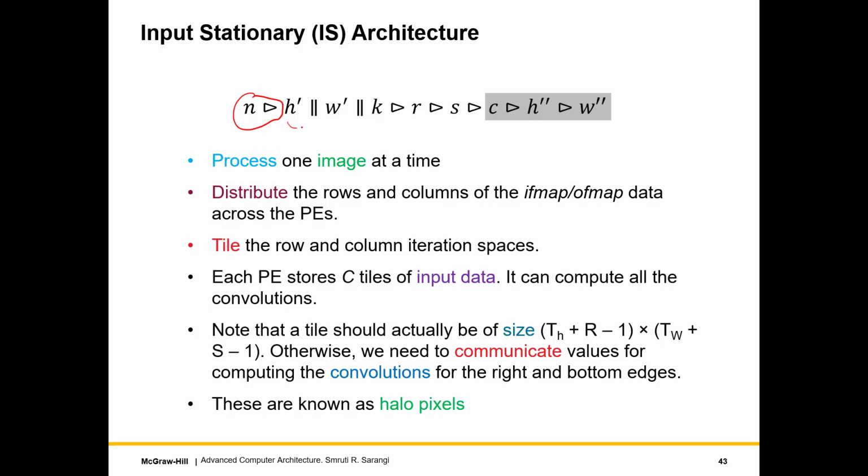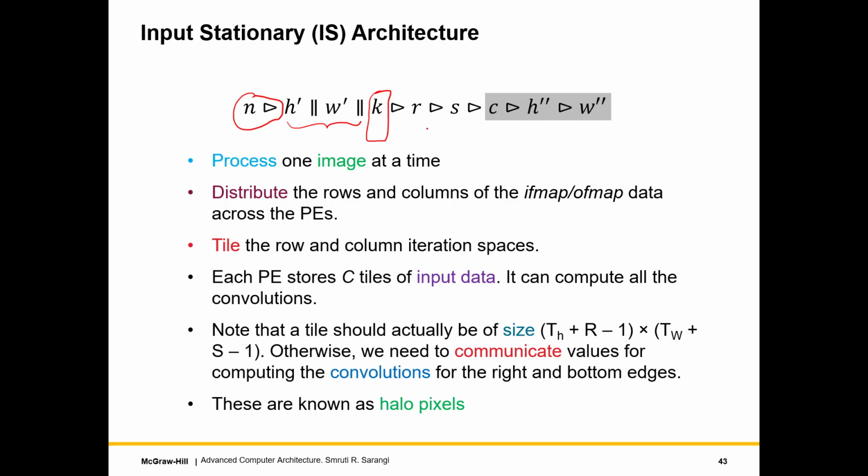Then we could be processing our tiles in parallel. And then in this notation, as you can see, we are fixing an output feature map, because the idea is we want to keep our input data stationary, right?